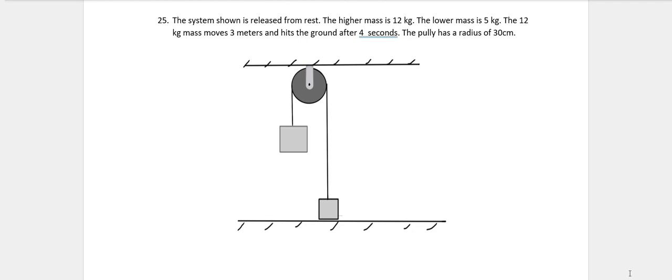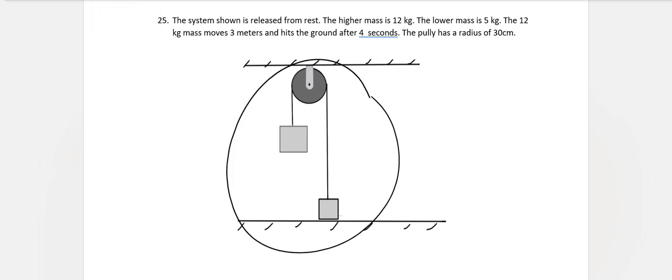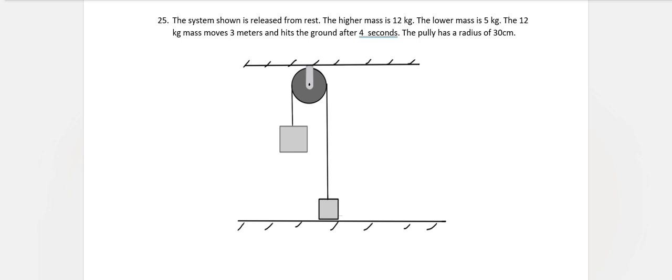We're going to take a look at number 25 in your Unit 4 homework. So let's see what we got going on. I need my pen on here. Alright, so we have this system here, which is released from rest. If we observe what's going to happen here, this animal is going to start accelerating down.